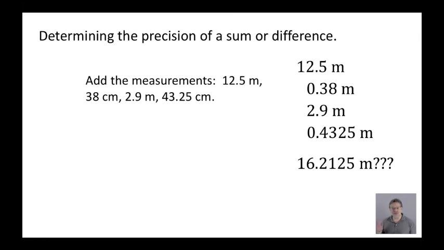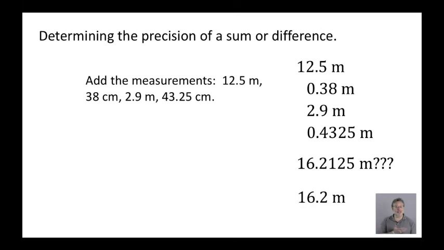Therefore, we must round our answer for this sum to the nearest tenth of a meter. We have to reflect that same precision. So our result should be not 16.2125 meters, but rather simply 16.2 meters.